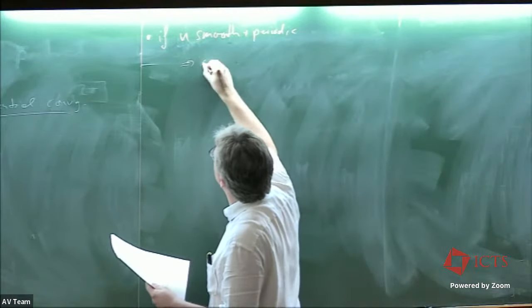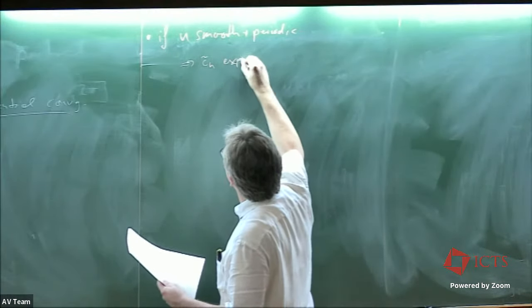So if we are smooth and periodic, then Cn has exponential decay.